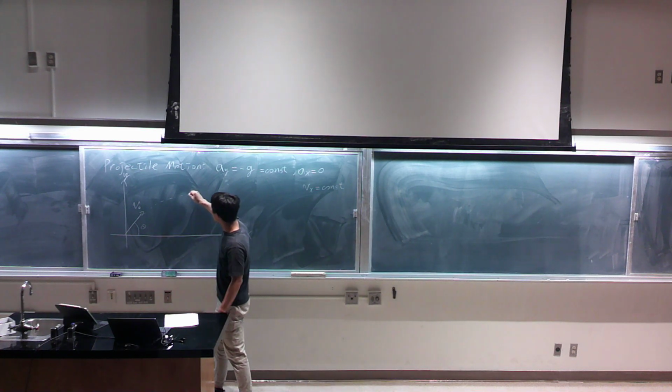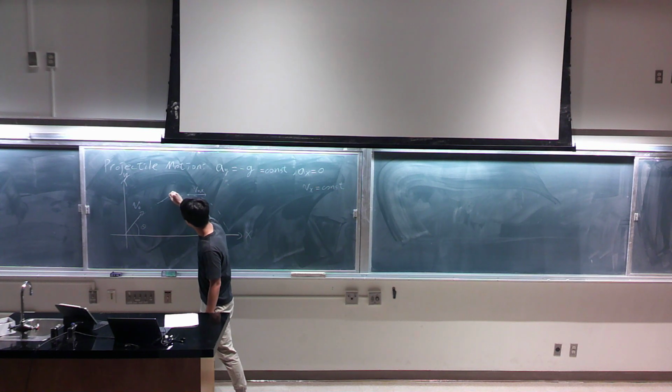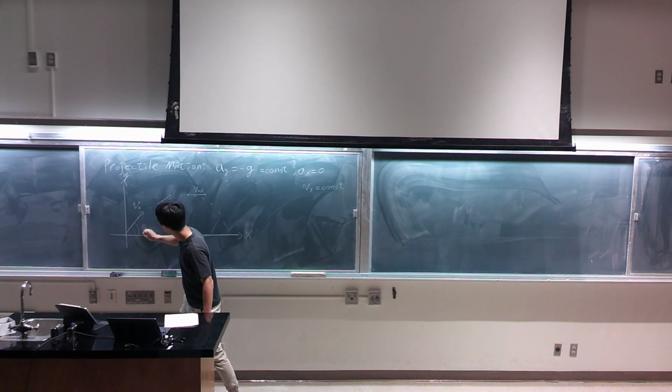When the ball is flying here, it has an x velocity. When the ball is flying over here, the x velocity will be the same, and the same as in the beginning.